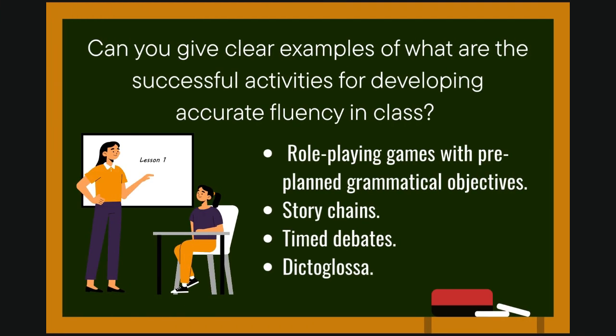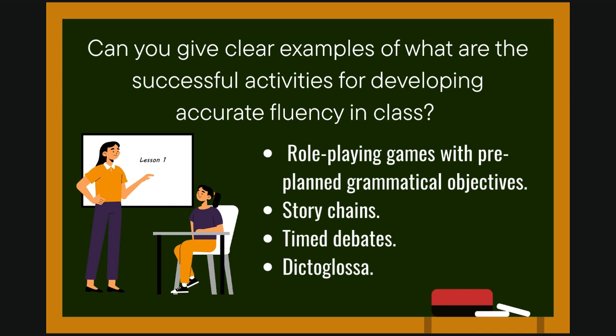What are clear examples of successful activities for developing accuracy and fluency in class? Well, we have role plays with pre-planned grammar goals. Some examples are doctor-patient interactions, using modal verbs. Story chains are when students take turns adding sentences using a specific tense.